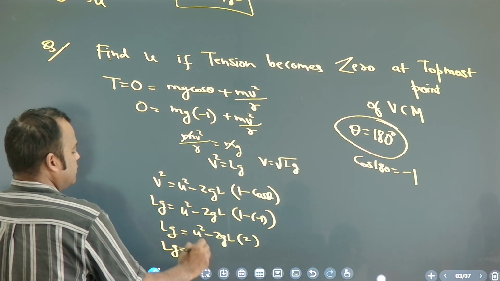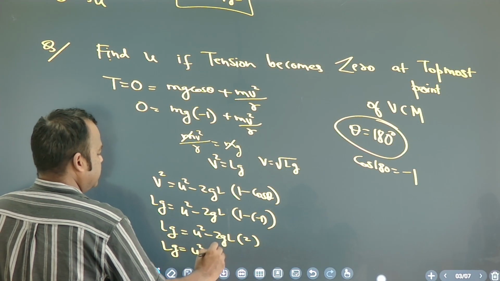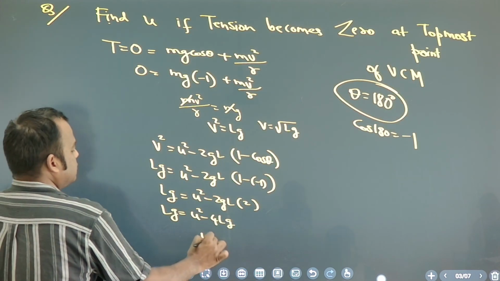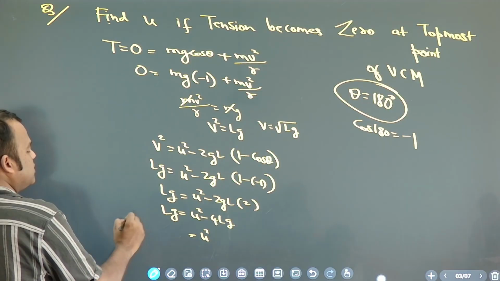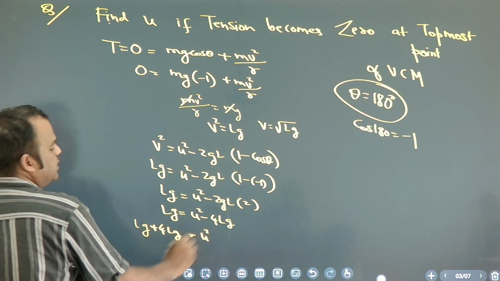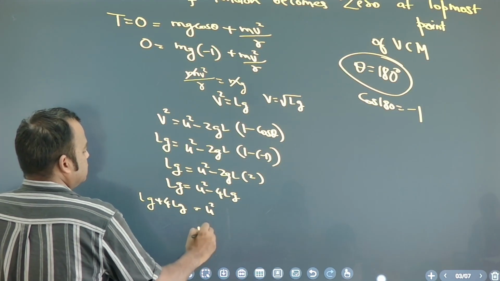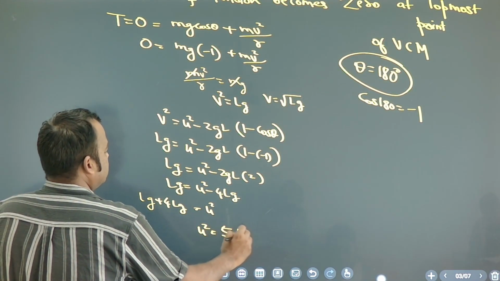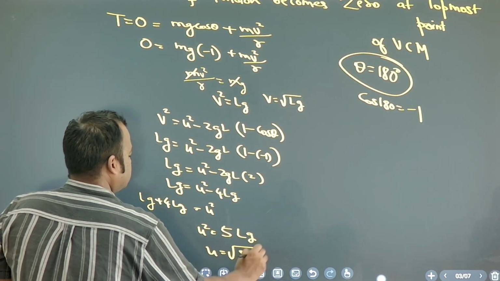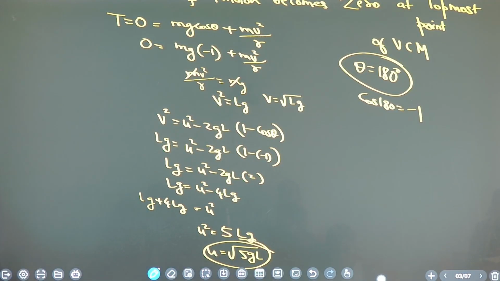Lg is equal to u square minus 4gl. So u square will be lg plus 4gl. So u square is equal to 5gl. So square root of 5gl. No doubt.